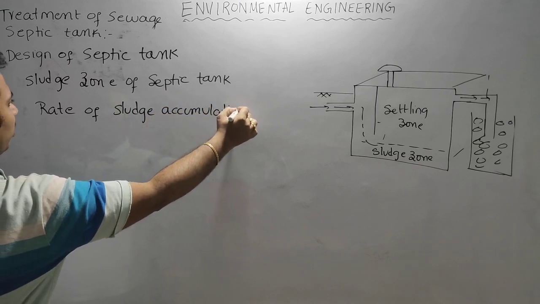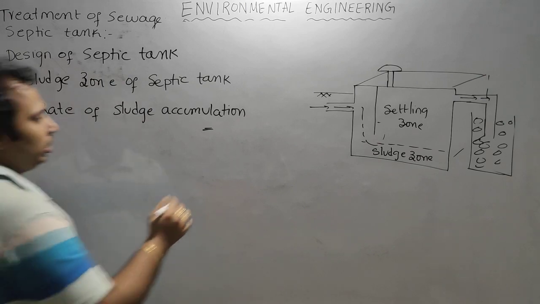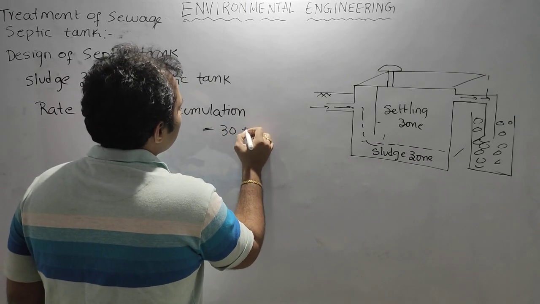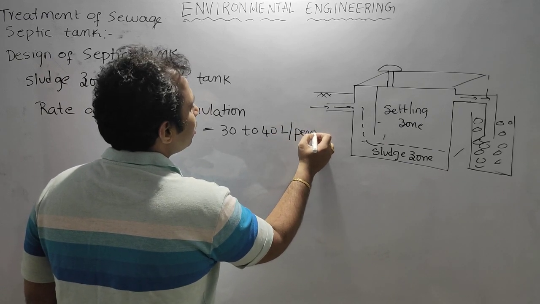Generally we take the rate of sludge accumulation in the design parameter as 30 to 40 liter per person per year.